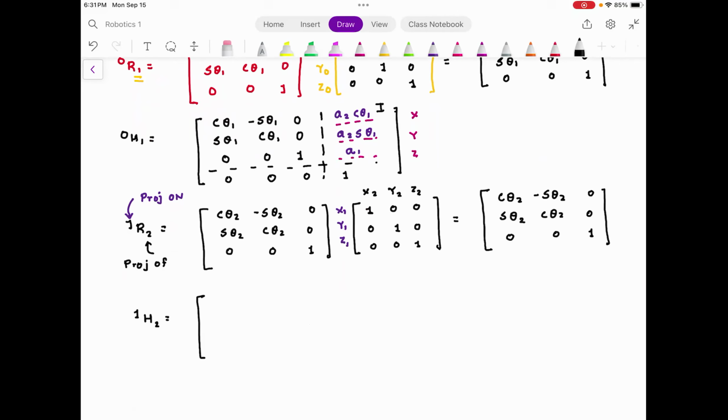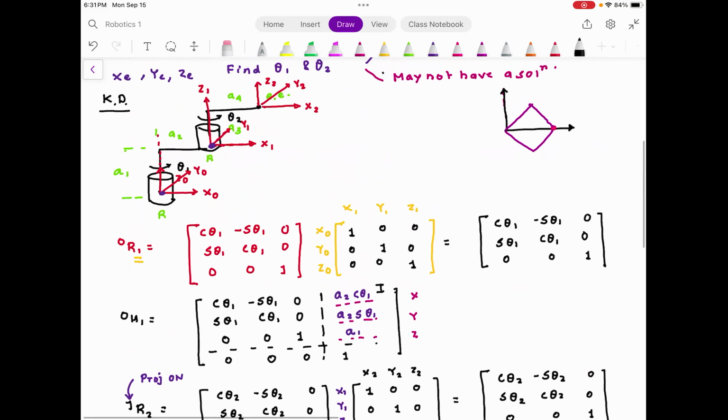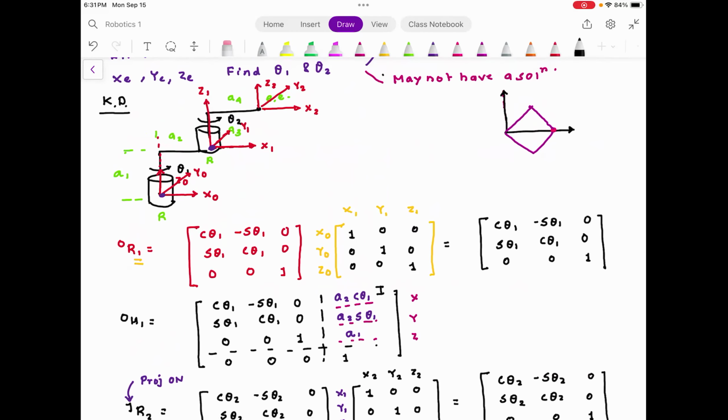So I would just rewrite cosine theta 2, minus sine theta 2, sine theta 2, cosine theta 2, 0 0 0, 0 1, and this becomes 0 0 0. And now I want you to tell me what I should write for the relative displacement between frame 2 and frame 1.